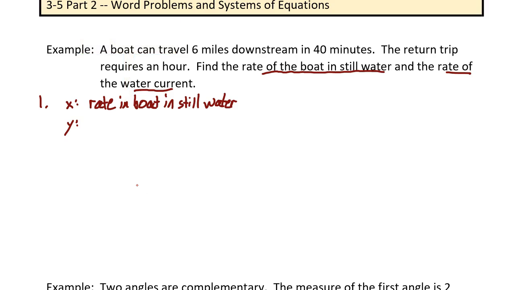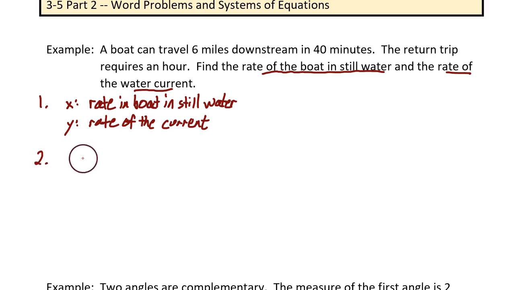How fast is the boat going simply due to its own engine? The variable Y will be our other unknown, the rate of the water current. How fast is the water flowing?